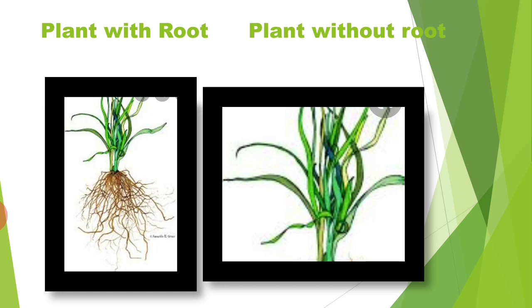You will see the plant with the root will grow and will be healthy, and the plant that is not with the root will die off or its leaves will start falling. So this is a major function of the root. Root is basically the lifeline of a plant. That is the function of the root.